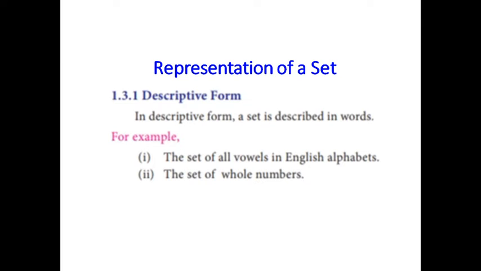If a set is described in words, then it is called the descriptive form. For example, the set of all vowels in the English alphabet, or the set of all whole numbers. I represent the set just using English words, so such a representation is called the descriptive form.